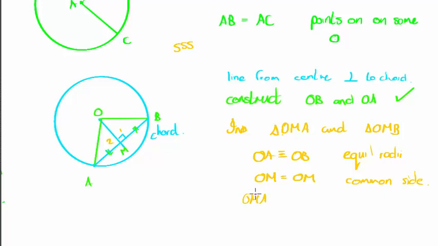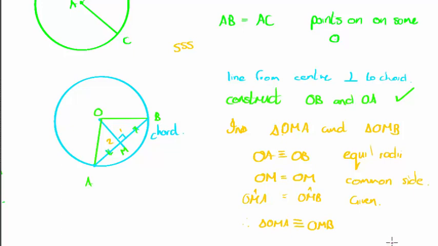Angle OMA is equal to angle OMB. Okay, that's given. I gave you that it's perpendicular. If they say it's perpendicular, perpendicular means I cut it so that on a straight line the two sides are equal. Okay, given, and therefore triangle OMA is congruent to triangle OMB.